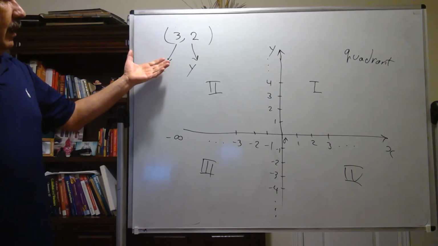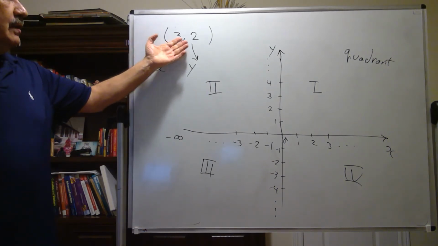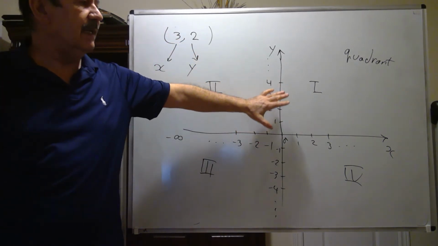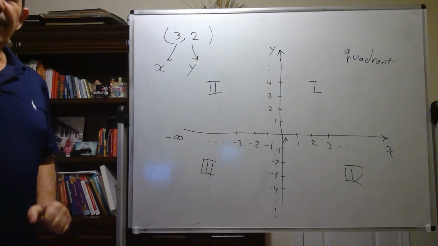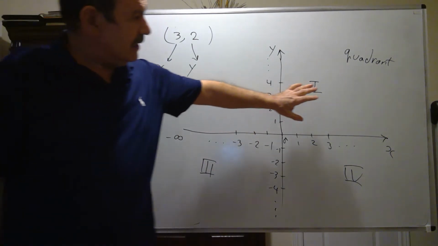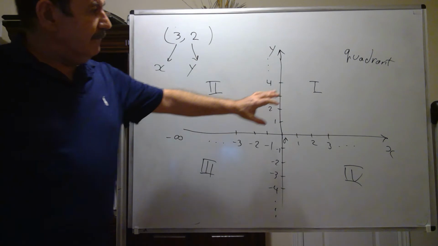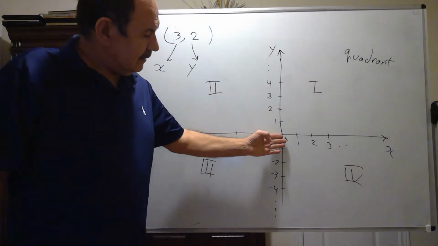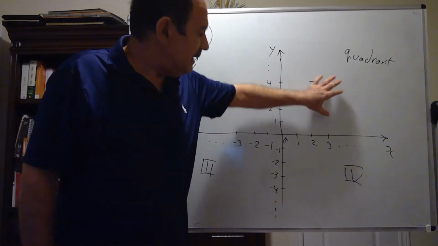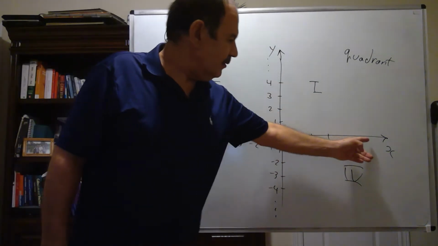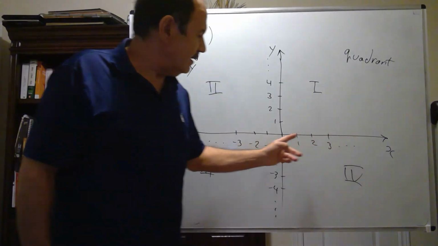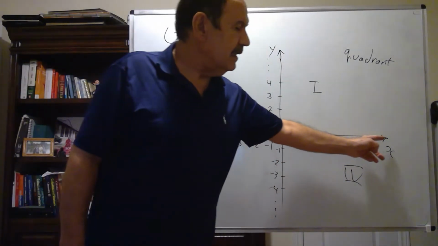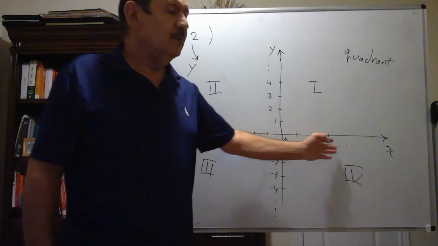Now, I want to locate the point (3, 2) in this rectangular coordinate system. First of all, look at quadrant 1. The x values in this quadrant are all positive. The minimum is 0, which is the origin, and when we go in this direction it changes 1, 2, 3, and so on.